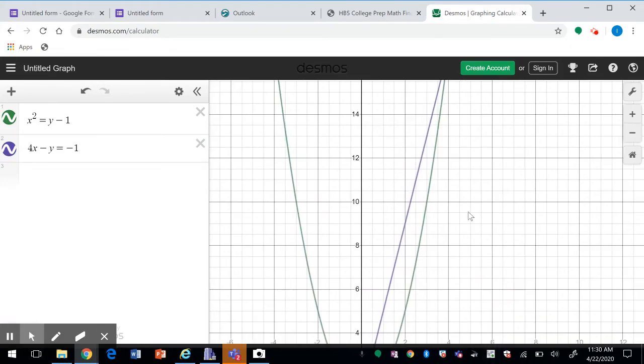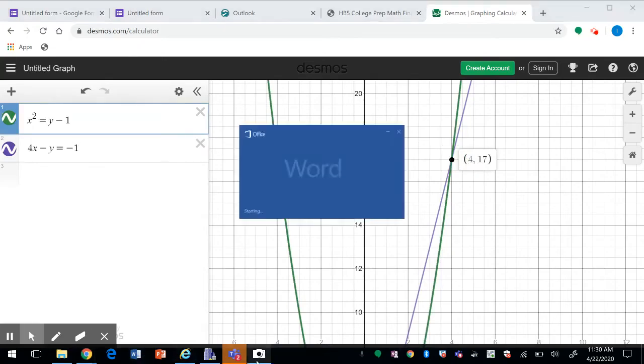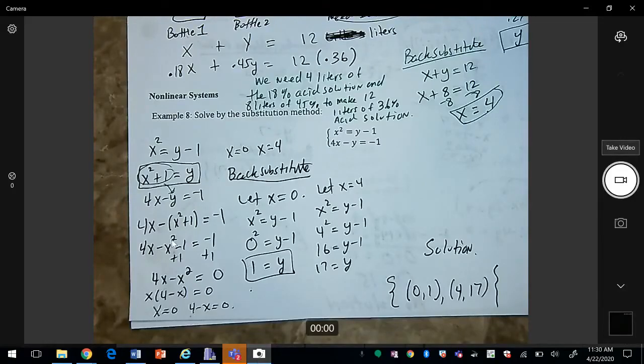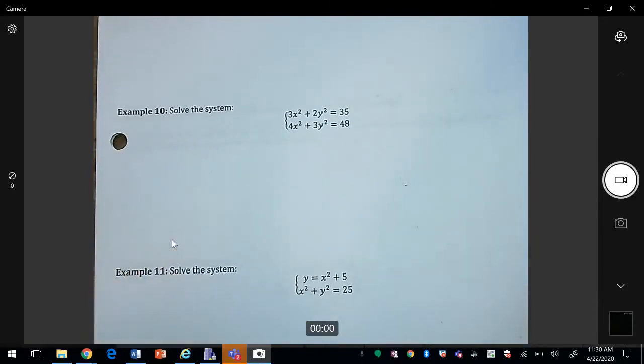And the second point is right here, (4, 17). Okay, so this is an example of a nonlinear equation. So let's go to example 9.